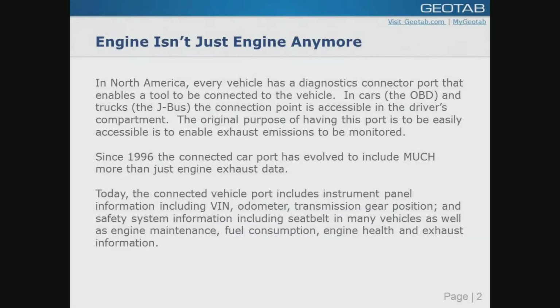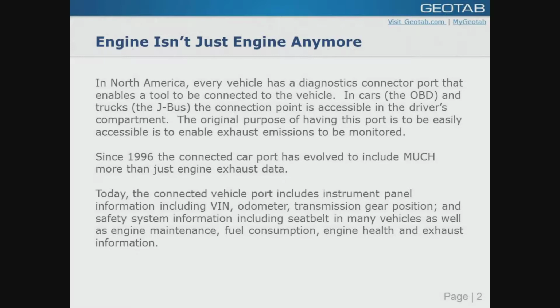Okay, so engine data isn't just engine anymore. When we talk about engine data, it's very easy to think about things like fault codes and emissions data, but while the connectors in the vehicle did start out in that fashion, there's actually been quite an evolution of the data. In cars, it's typically referred to as the OBD, also sometimes called the ALDL connector.